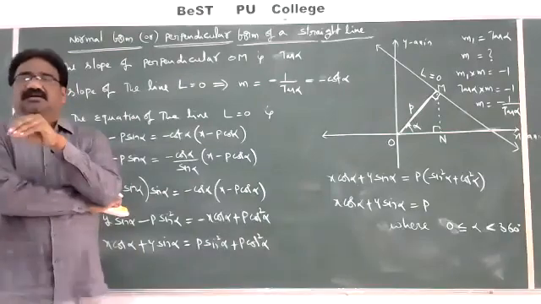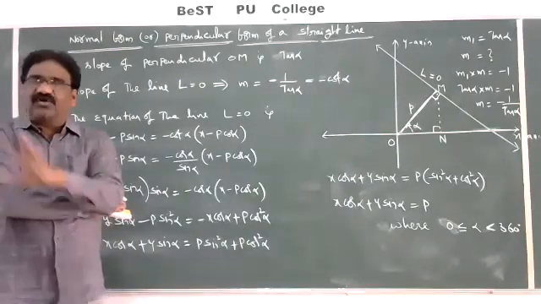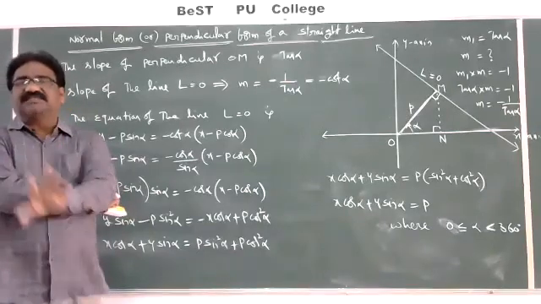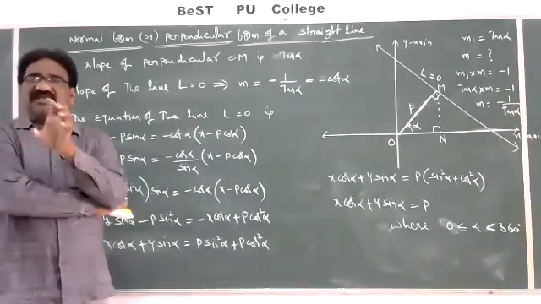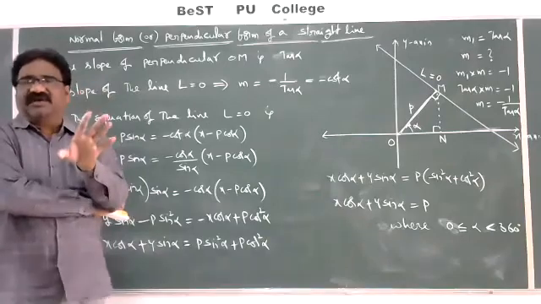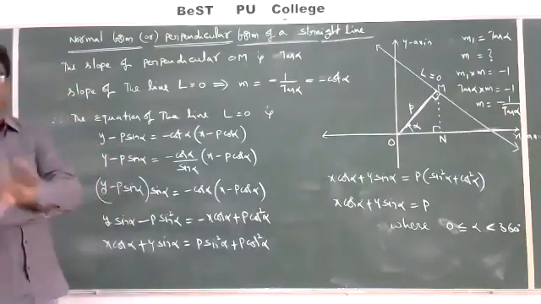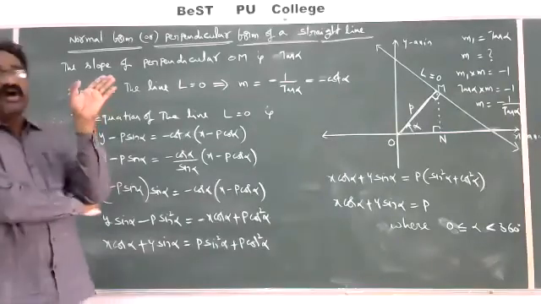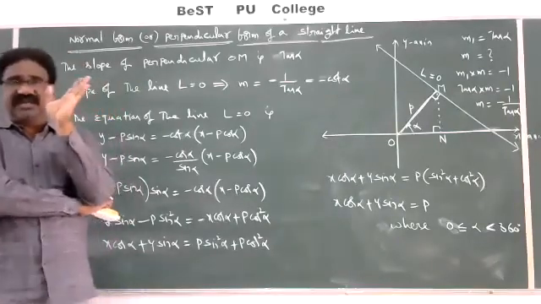Next, we proved the intercept form whose x-intercept is small a and y-intercept is small b. Then the equation of the intercept form is x by a plus y by b is equal to 1. Next, this is the normal form or perpendicular form of a straight line.